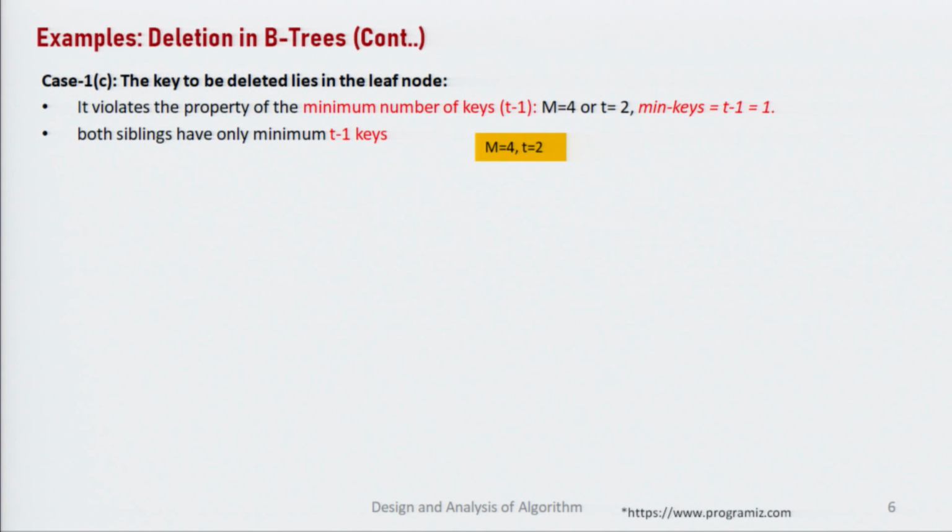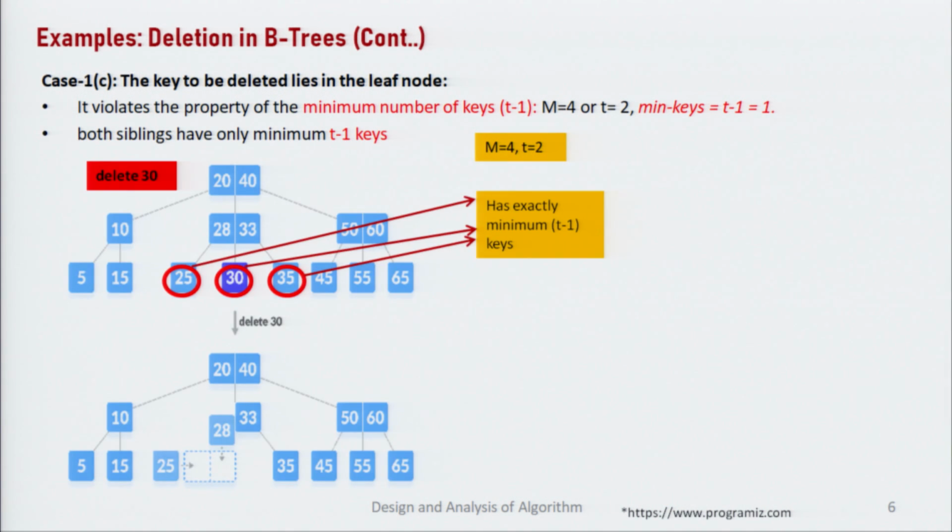Now, the case first C, when the node X has only the minimum number of keys, and its left sibling also has the minimum number of keys, and the right sibling also has the minimum number of keys. So, how can we perform the borrow operation?